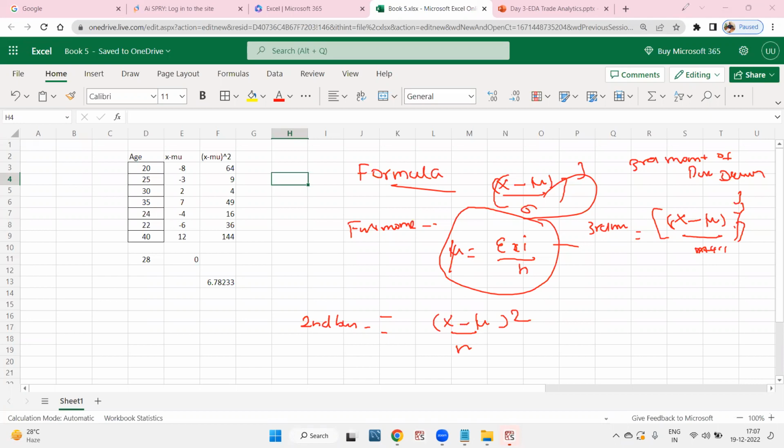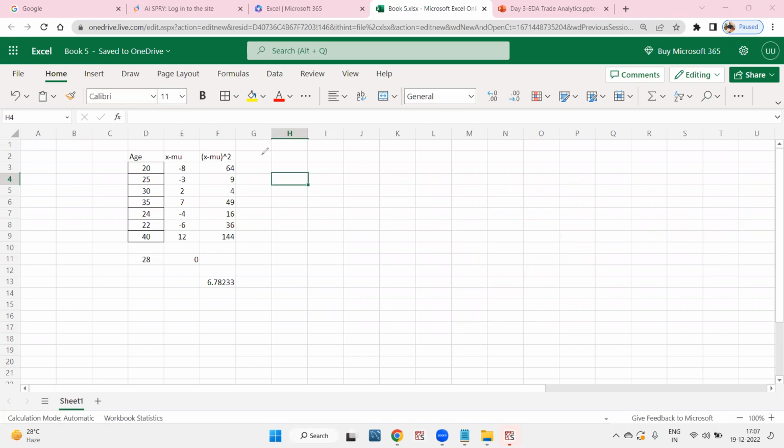When it comes to the fourth moment business decision, we are going to measure the kurtosis, or kurtic.